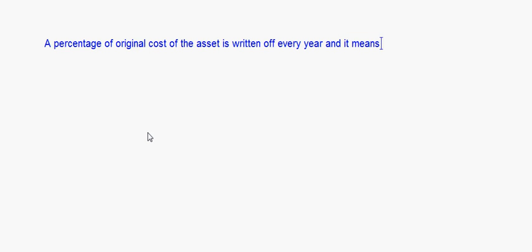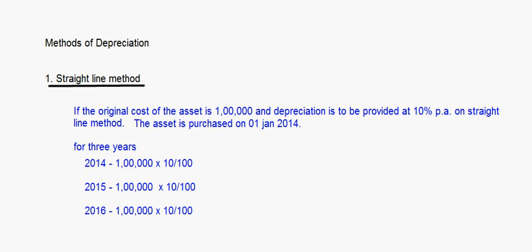And it means that the amount of depreciation will be the same every year, right? So here I have shown you an example. This is how it is to be done. For every year it is going to be the same amount. Fine.